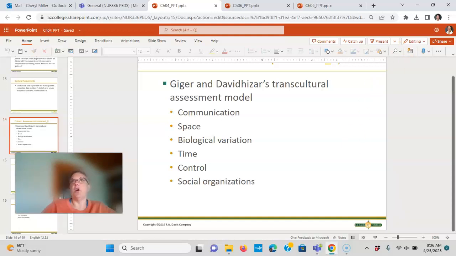So just having a little talk about communication and how thoughts or feelings are expressed, personal space, what's appropriate for weight and development, what is the perception of time, especially meal times, and the degree to which the individual feels they can influence the environment or their experiences. Social organization that the parents are part of, like religious and social groups, are really important to know. What defines the family? What is their spirituality? What are their environmental considerations?